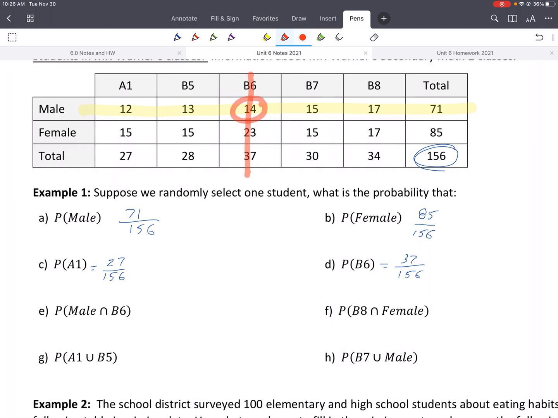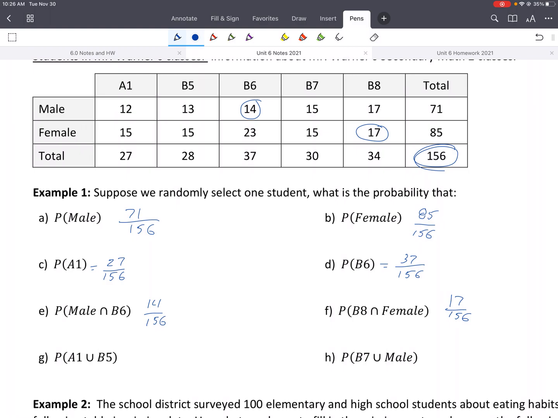Where they intersect would be 14, wait, what did I say? 14, so 14 out of the 156. Try this next one, F, the intersection of B8 and females. So B8 and females would be 17 over 156. Those are intersections.